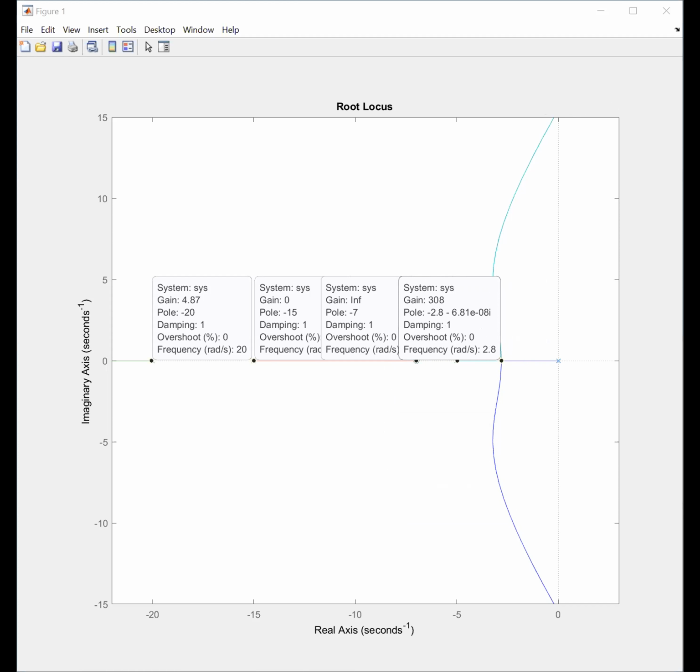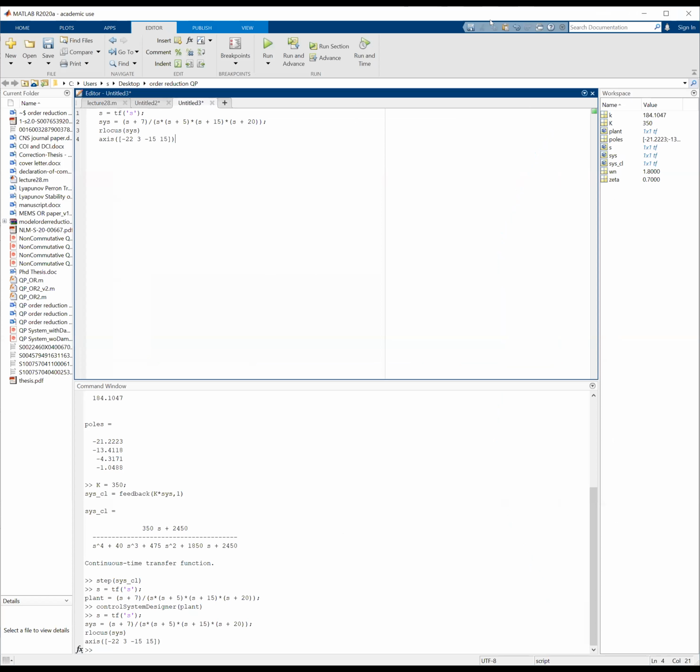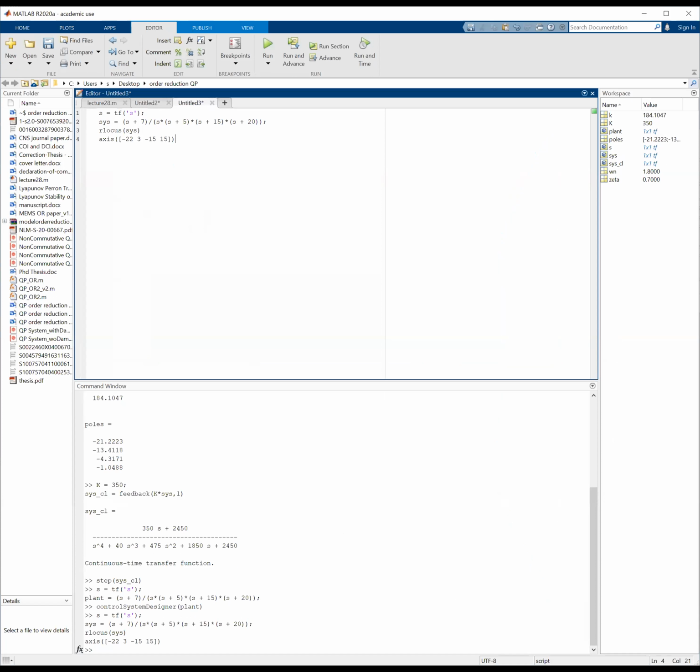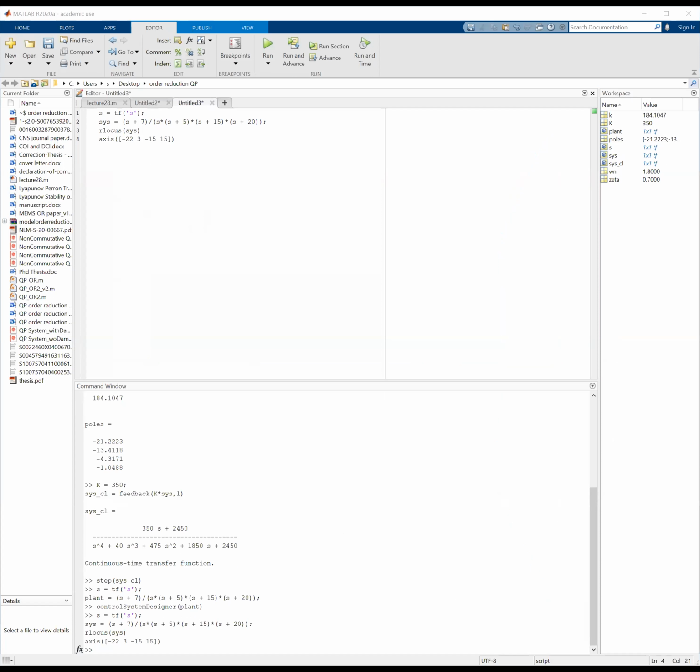Now I need to go to the next part. I want to find out what is the value of gain k if my overshoot is less than 5%. So I'm going to go back to Matlab. Here is the question. What is the value of gain when my overshoot is less than 5% and my rise time is equal to 1?